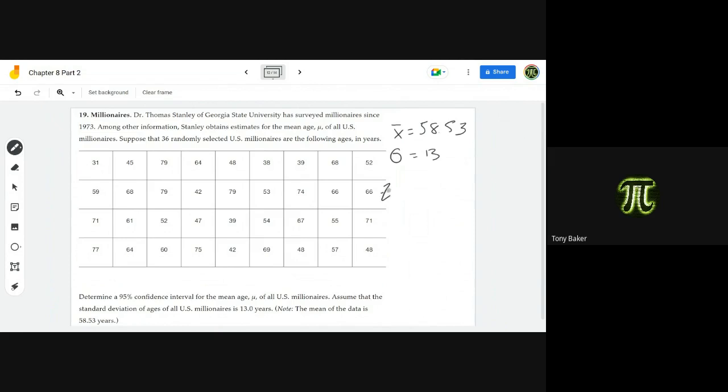What's the z-score I'm using for this one? If we're doing 95%, positive or negative 1.96. Because the confidence level is 0.95, you subtract that from 1 to get 0.05. Then we cut that in half, which is 0.025.